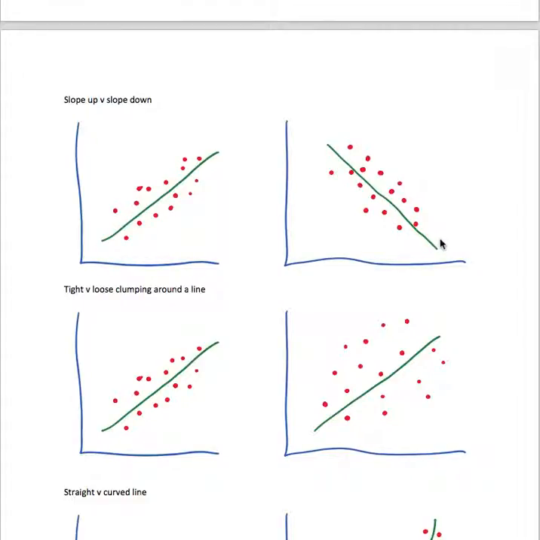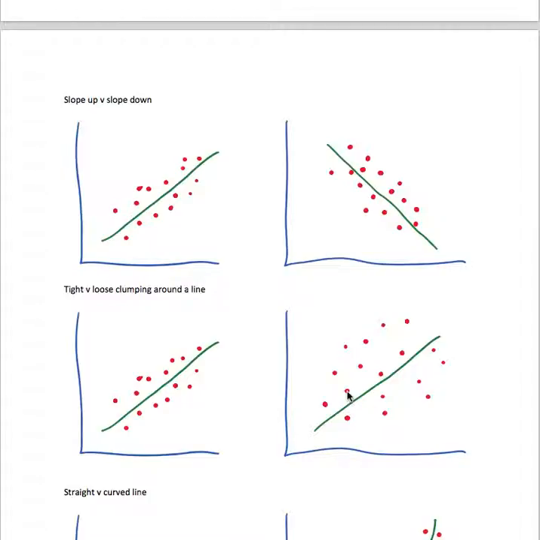The next concept is, do those data points clump tightly around that line, or do they clump loosely around the line? I've given you a couple of scenarios here. This is tighter. On the left-hand side, the data points are closer to the line. If we were to draw little lines to connect them, like invisible strings, those strings would be shorter.